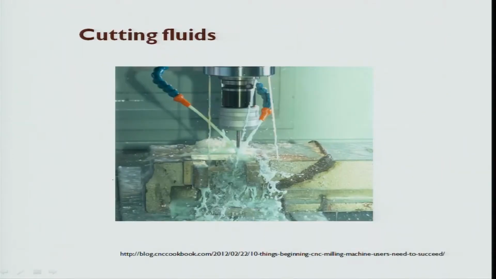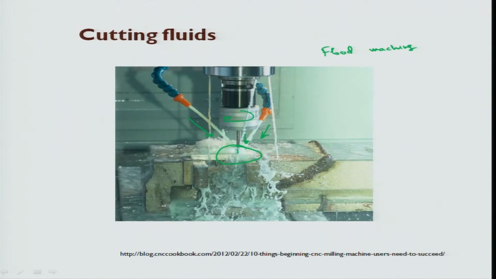So, this is general flood machining. In flood machining, the fluid jets are flooded on the machining area. So, drilling is happening here. This drill is going in and rotating.